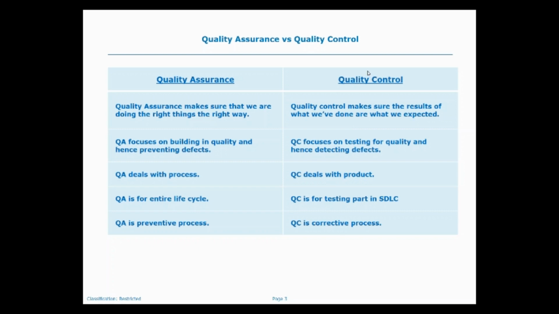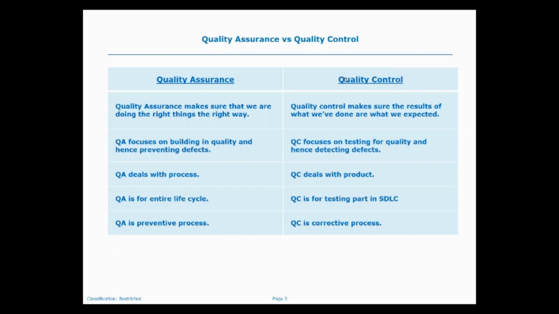So now we have to ensure that these defects are not getting leaked to the customer. So that's how the testing will help you to control that quality. The leakage of defects to the customer you are controlling, and that process is known as quality control.